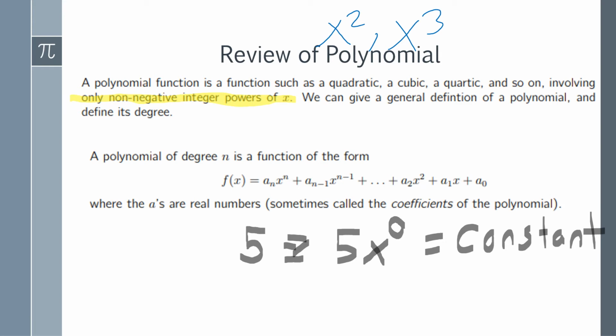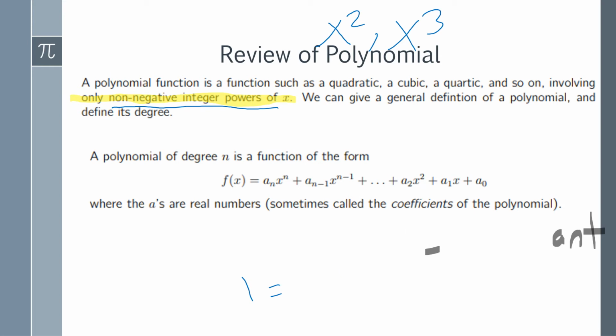What if I was to say x? x is a polynomial too because x has a power of 1. And again, the exponent has to be non-negative. What can I not have when I'm dealing with polynomials? I cannot have an exponent like -1.